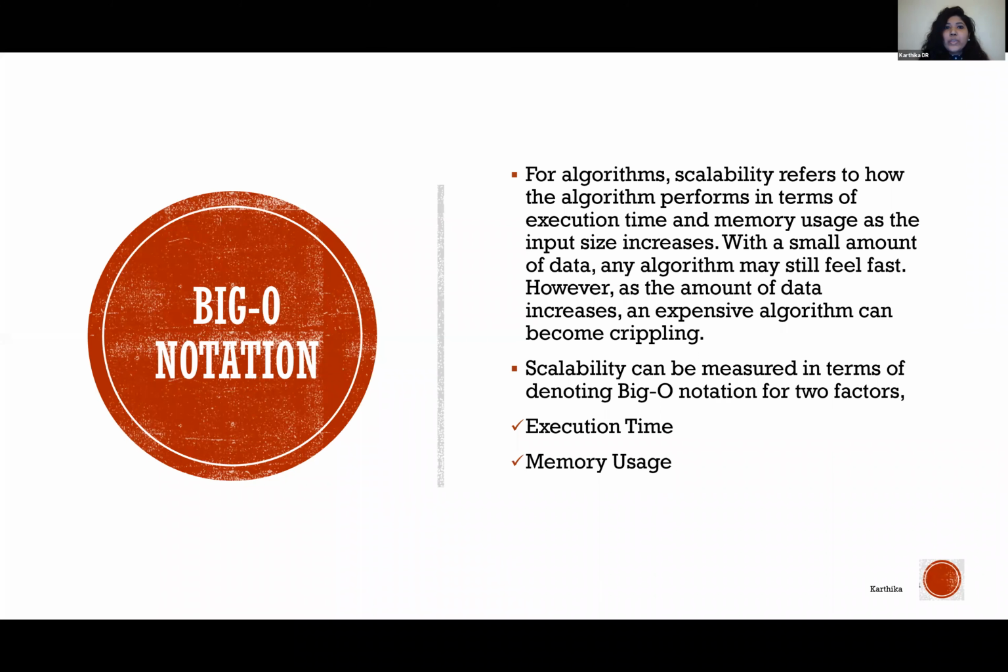So why are we doing this? For example, if you take an array of 5 elements and want to find a particular element, you have to run through each and every element in that array and search whether the element is present or not.